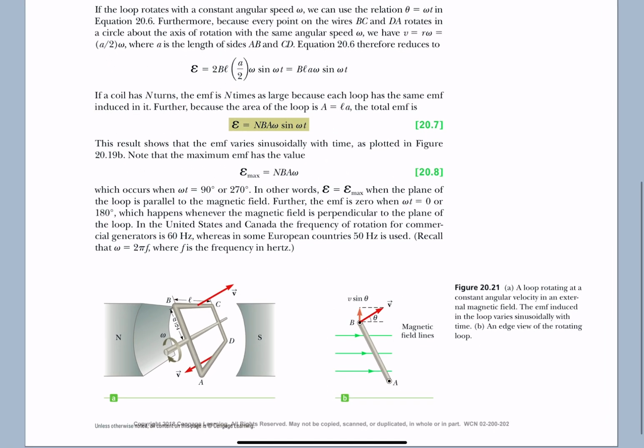The bottom of the page reminds you again that we have a torque going on here. And you get your maximum amount of voltage when each side, represented by B to C in picture A, or D to A in picture A, is moving perpendicularly up or down the page, because then you're breaking through the flux lines at a 90-degree angle.